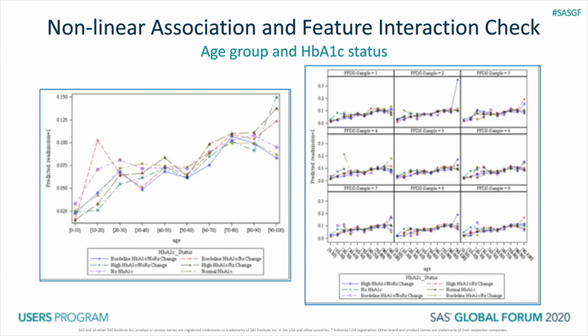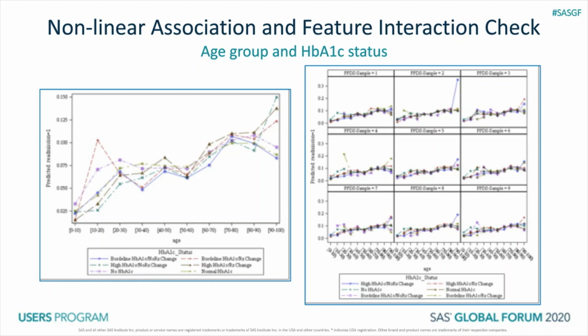The example plots of age group and blood glucose are shown on this slide. The left plot presents the feature association check of age group on readmission risk controlling for the blood glucose variable. The same feature association check is performed for the replicate samples, and this is shown on the right plot.